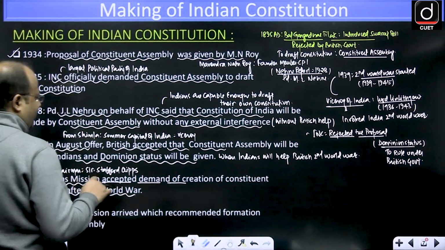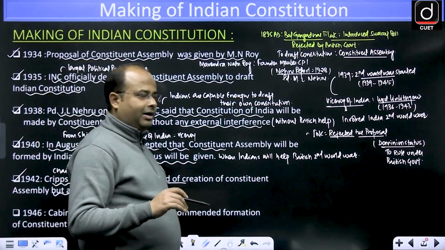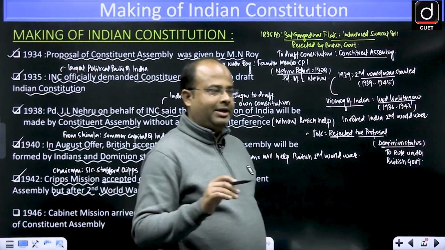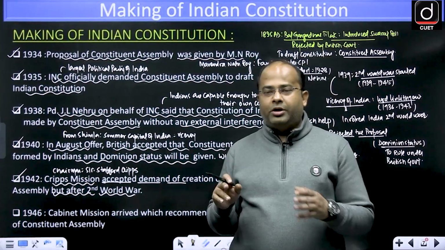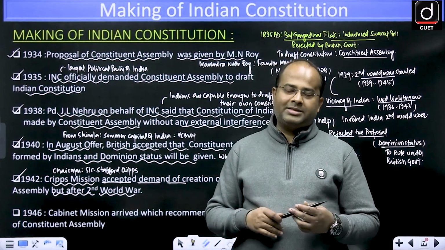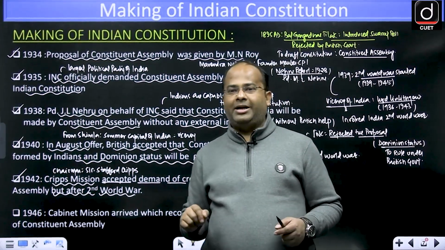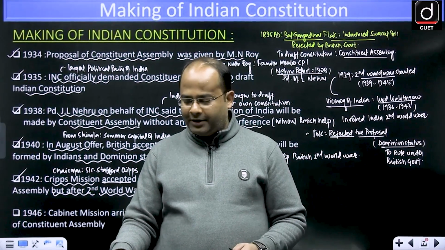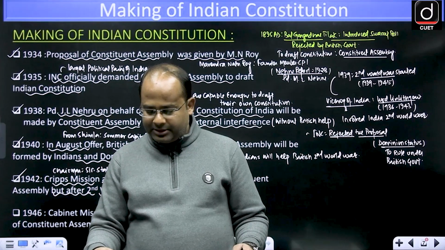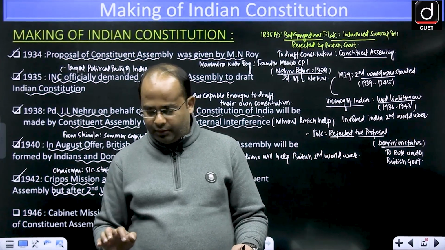So Stafford Cripps came and he said to the Indian National Congress that yes, the British government is sincerely thinking to create your Constituent Assembly. We will create your Constituent Assembly, but after the Second World War.